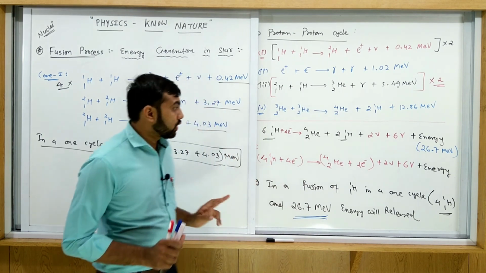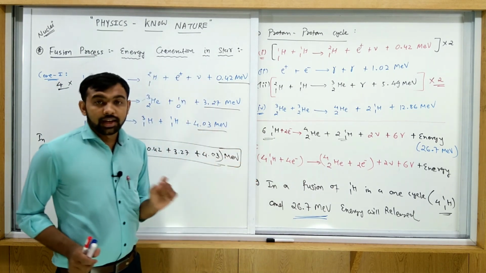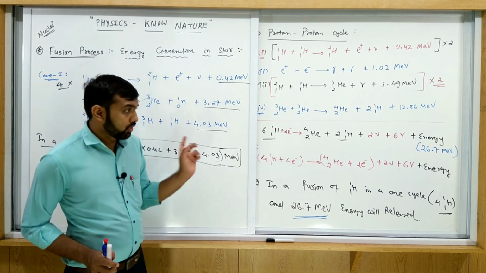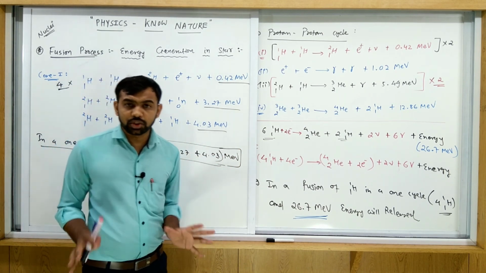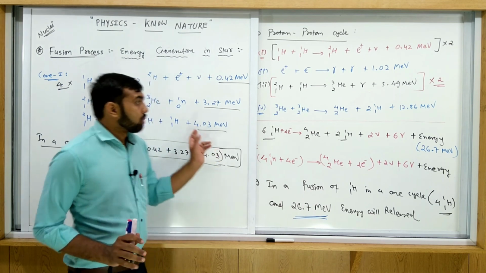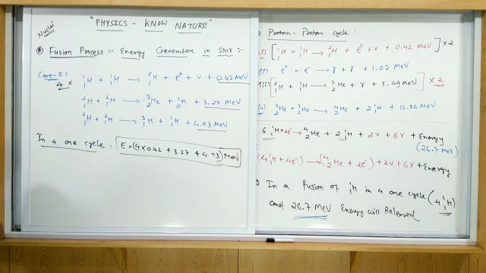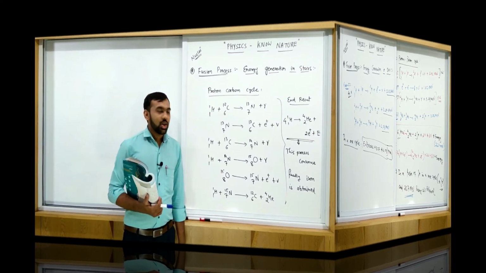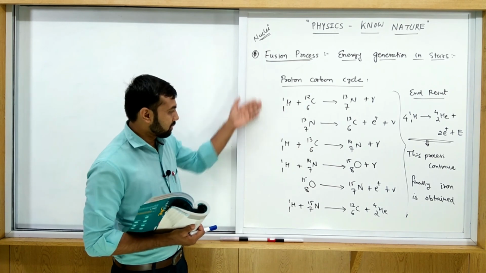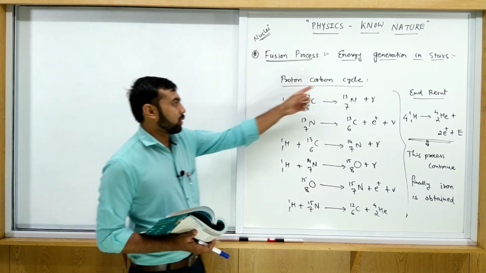So all of you must note this. We have one cycle, one process, the carbon cycle, but it is not in our syllabus. Still, you must note this process in your books. One process is written here, that is the proton-carbon cycle.